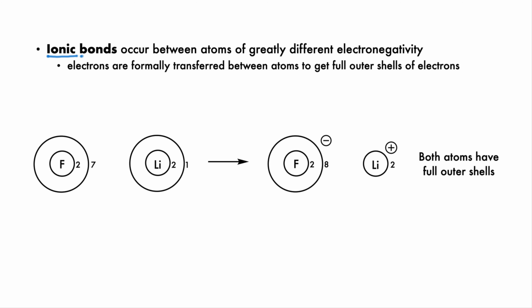Ionic bonding occurs between 2 atoms of greatly different electronegativity. Electrons are formally transferred, so each atom gets a full outer shell of electrons and is stabilized. The more electronegative atom gains an electron, and the less electronegative atom loses one.